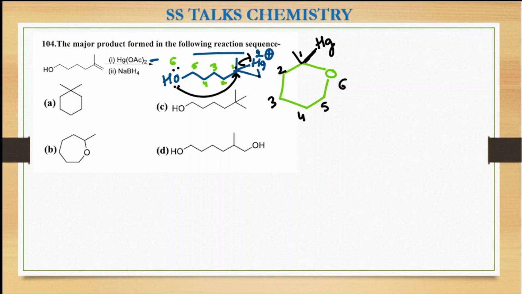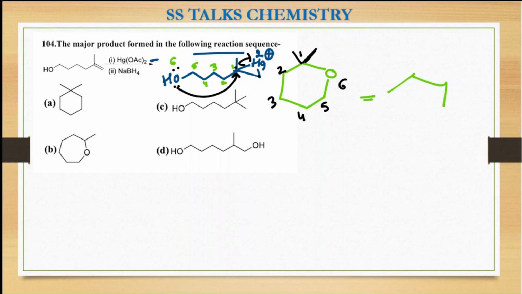So after the mercuration there will be demercuration, and it will be removed from here. So this is going to be the final product you get as the answer, a 6 membered ring with 2 methyl substituents, exactly like this one.